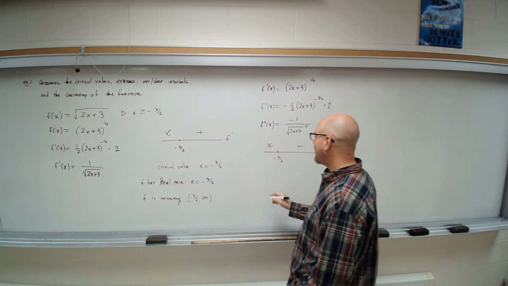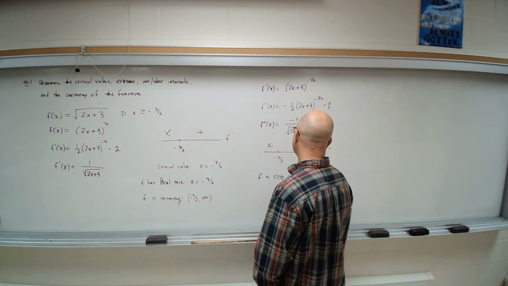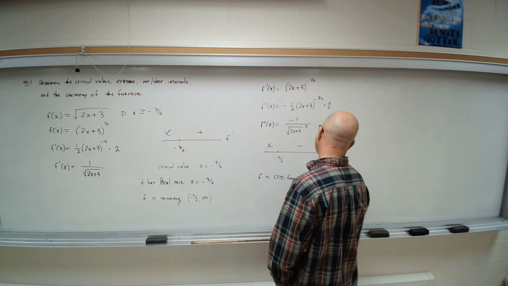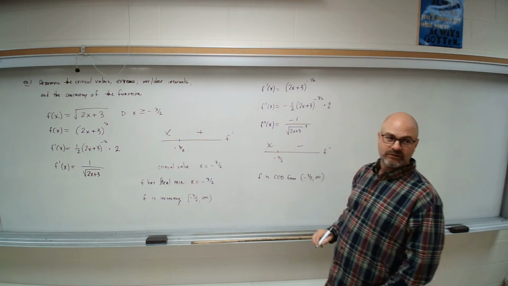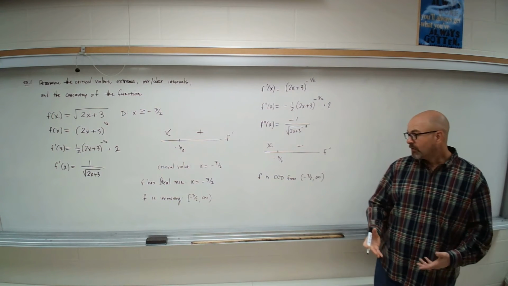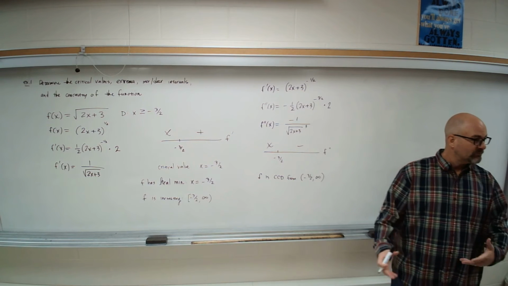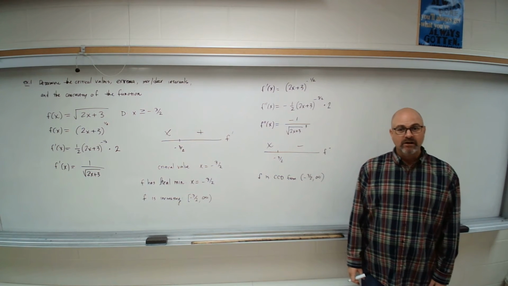So that tells us that f is concave down from negative 3/2 to infinity. There's an underwhelming amount of information here. Like, it's just not a very interesting problem. But there you go. Any questions with that?